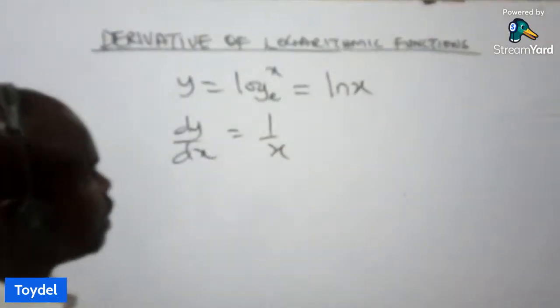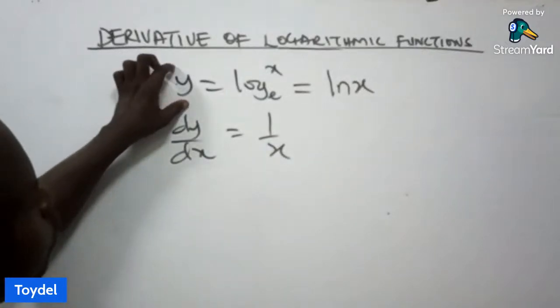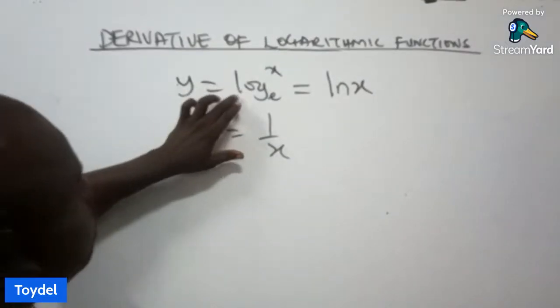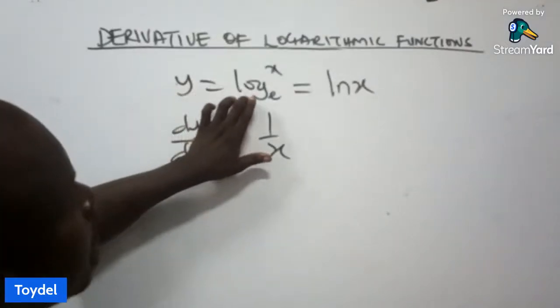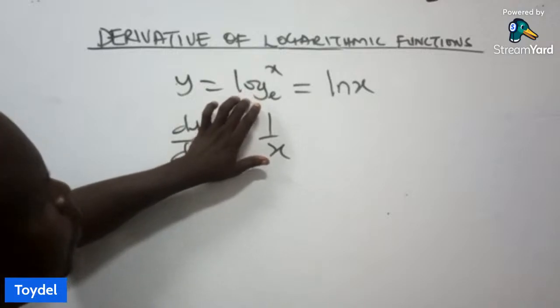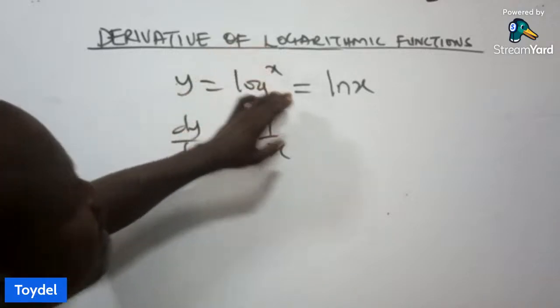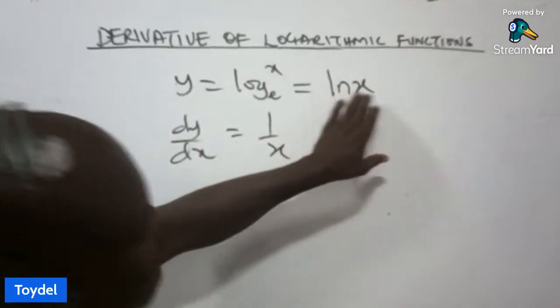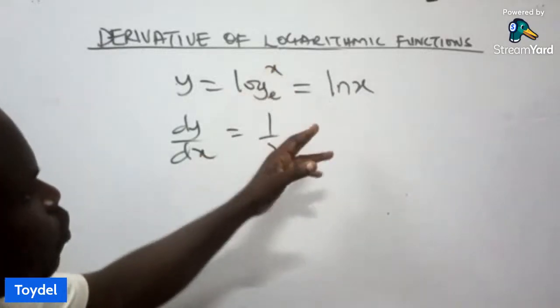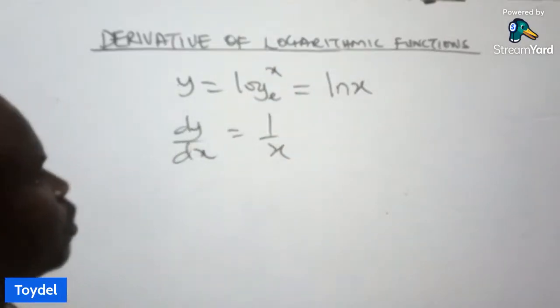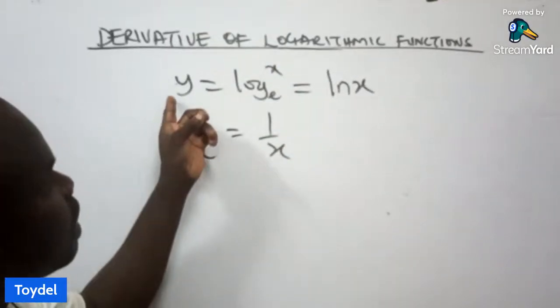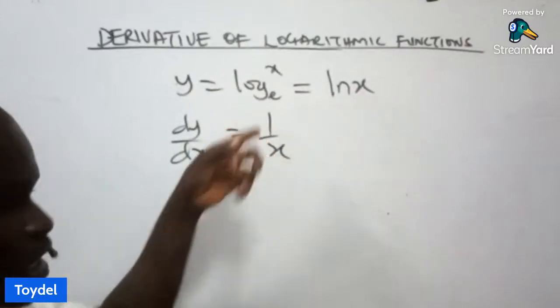If it's log e 2, just say ln 2. That's natural logarithm. If you want to take the derivative of ln x, it will be the reciprocal of x, 1 over x.